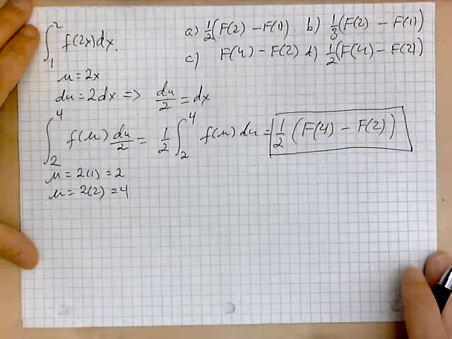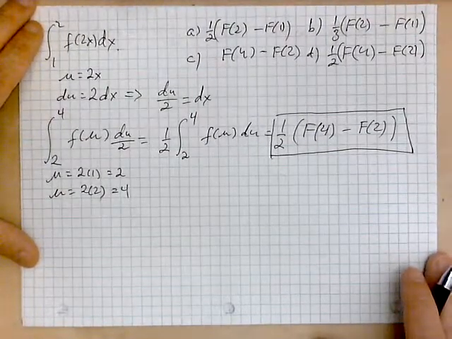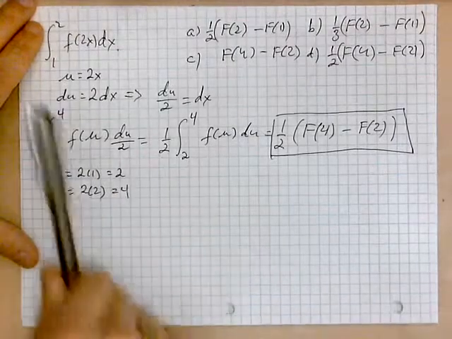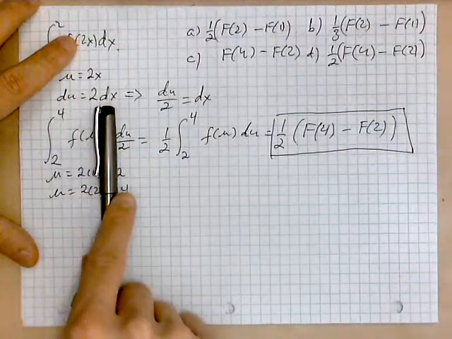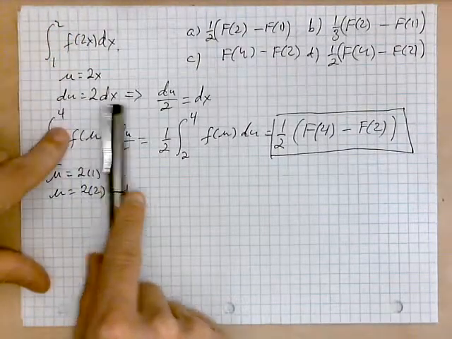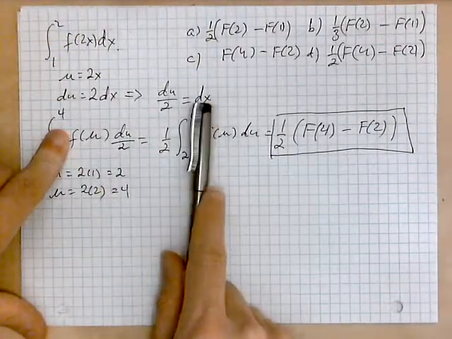And then to solve this kind of exercise, you have to recognize that this is really a u substitution. So you let u equal 2x. You then let du be 2 dx. You solve for dx, so that dx equals du over 2.